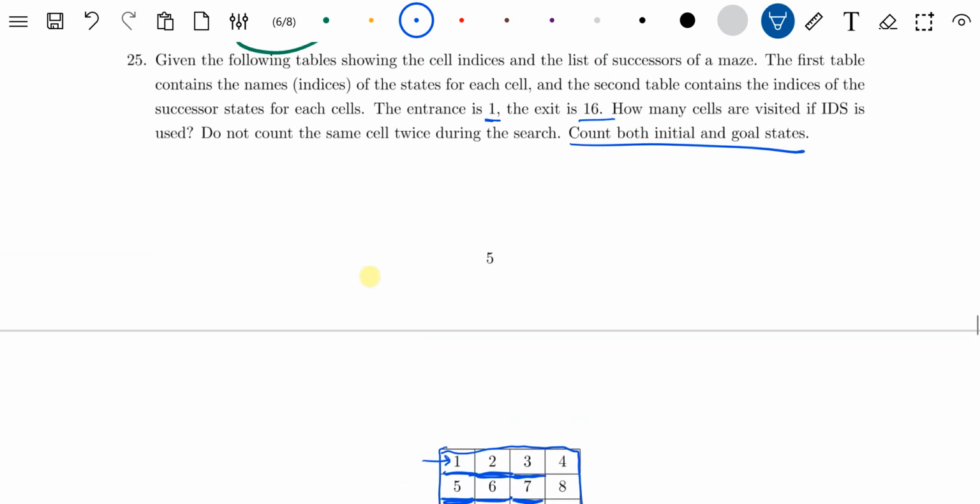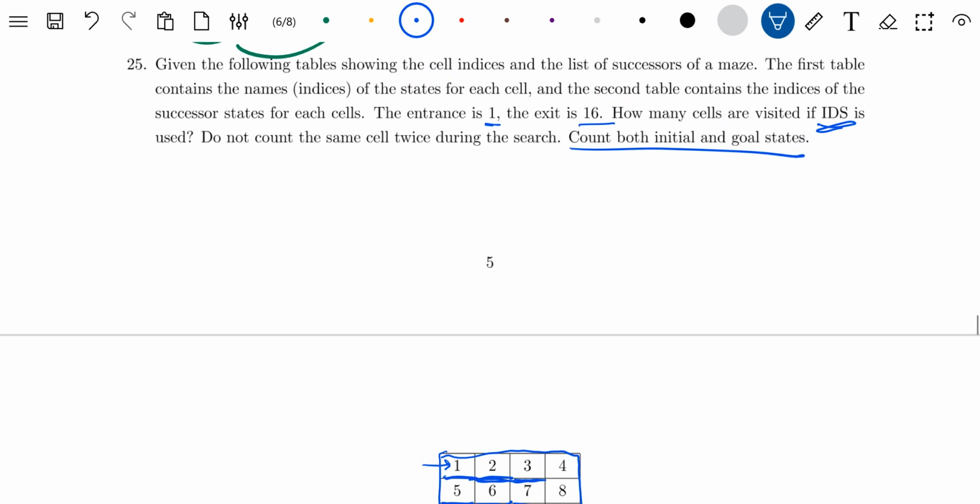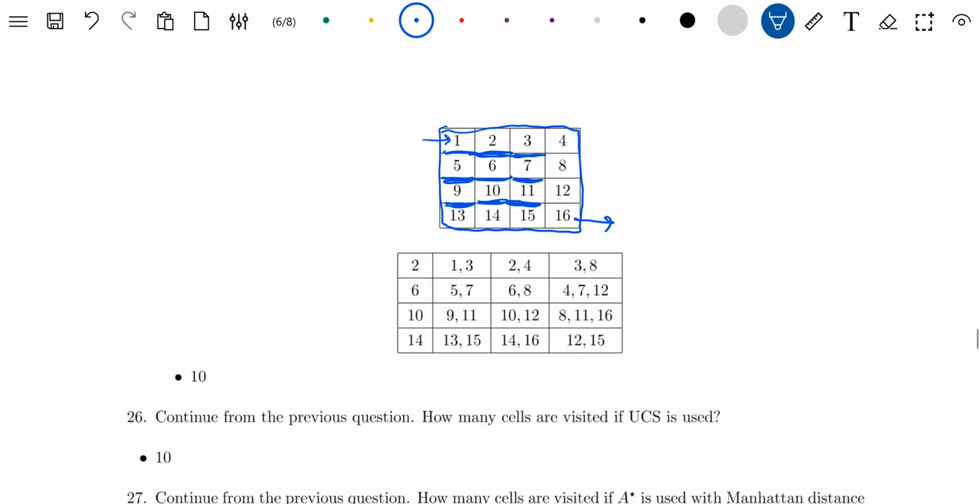What is this asking? Oh, IDS. The path from 1 to 16 has length 7. So IDS will search everything with length 6, and we can count them, but if the maze is more complicated, that looks difficult to do.